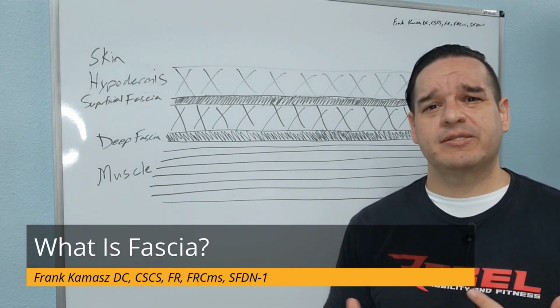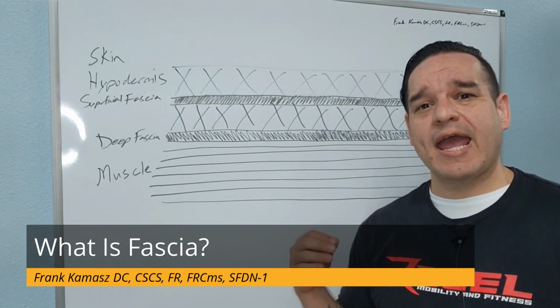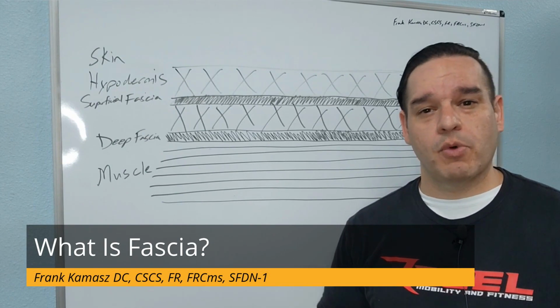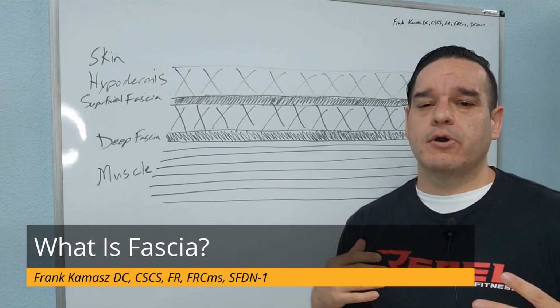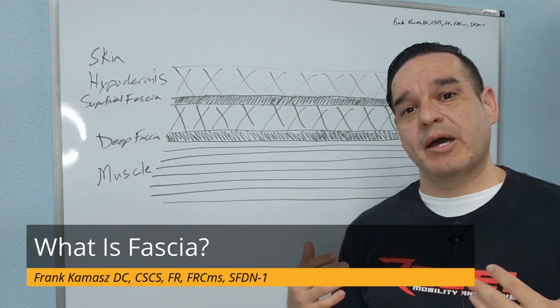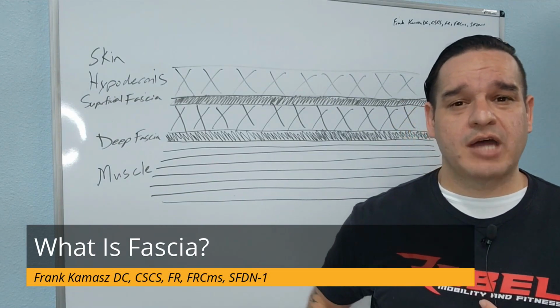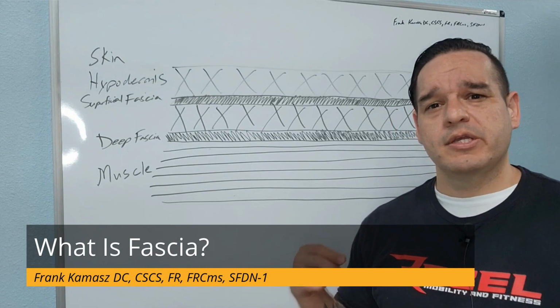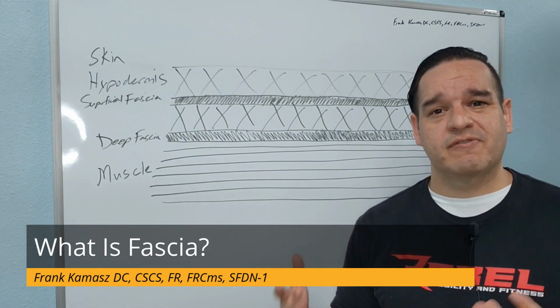So fascia is everywhere in the body, and there are some places where it helps transmit force and load from one point of your body to another. So a good example of this is thinking about your IT band, which runs from the top of your hip on the outside of your thigh down to your knee. It's one of the biggest, toughest pieces of fascia in the body.